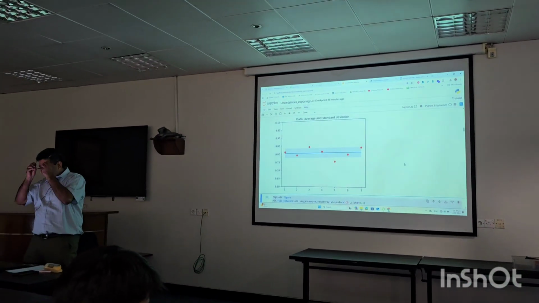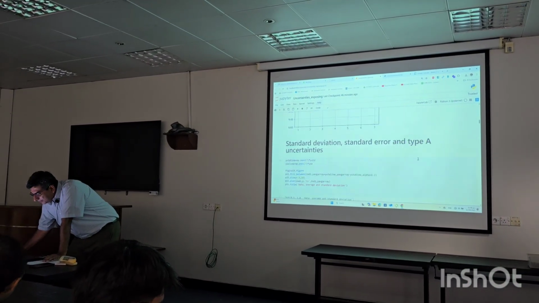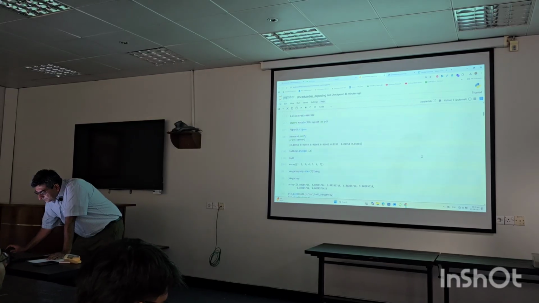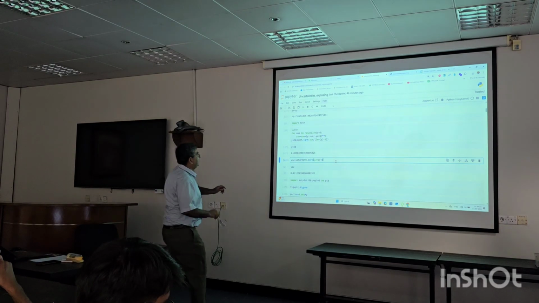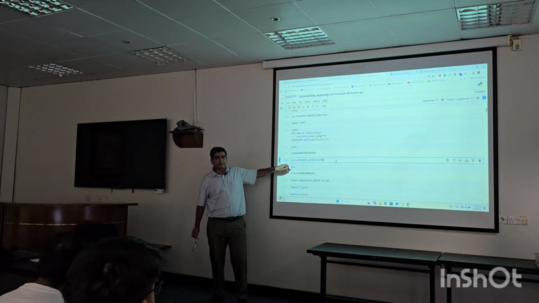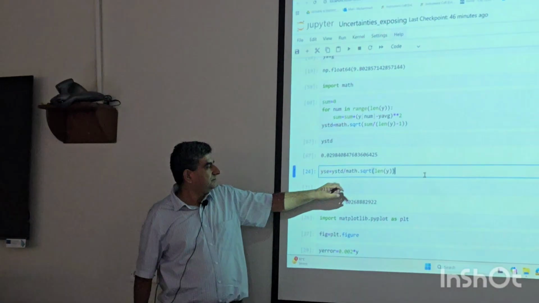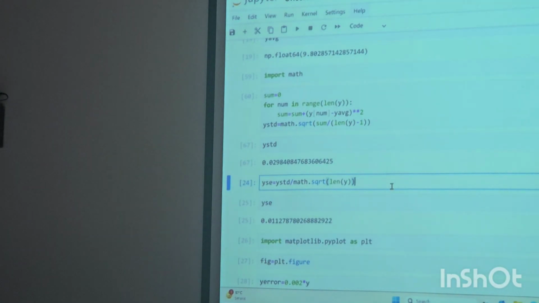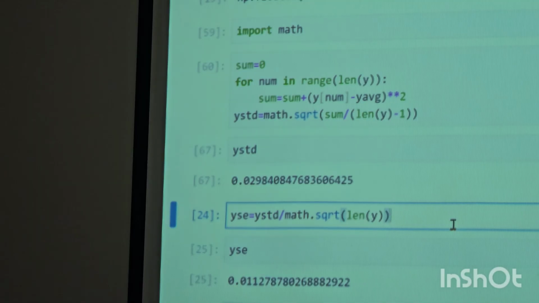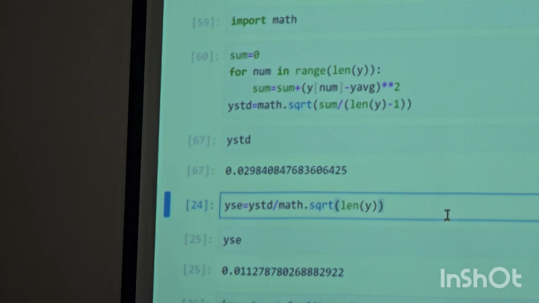So now how do I calculate the standard error in the mean? Look at this line of command here. I have the standard deviation. I've already calculated the standard deviation of the data. And from that standard deviation, I want to divide this by the square root of the number of data points. So I divide this.